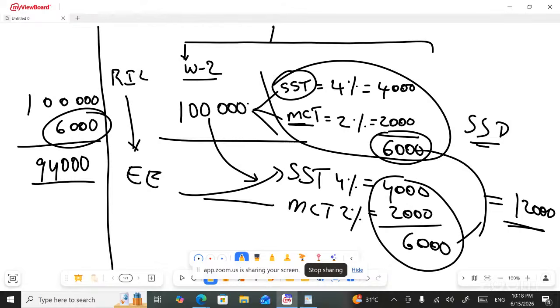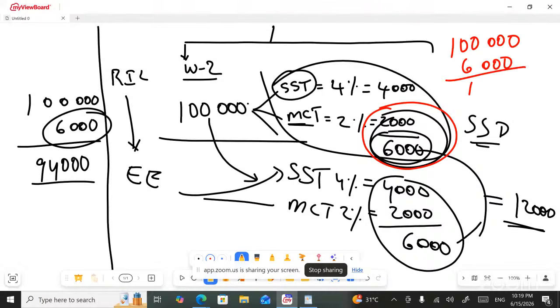This is the procedure we have to follow. This procedure will be applicable only when the relationship between the two personalities is employer and employee. Finally, the employer is also additionally paying 6,000 from the employer's pocket. Total cost to the employer: 1 lakh salary, additionally 6,000.